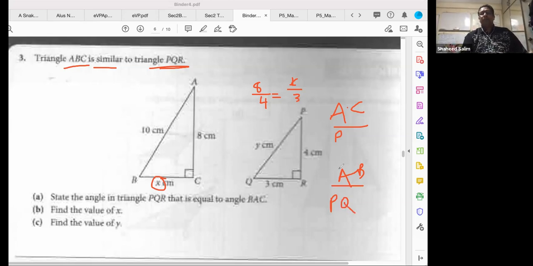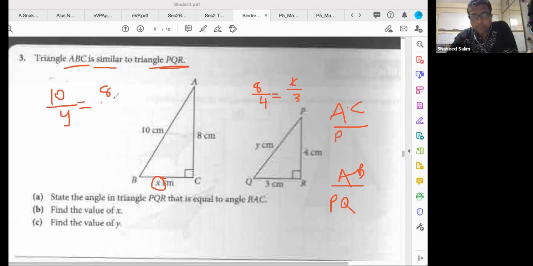So now I'm just teaching you the gist of it. This is the most important part. So AB is 10 over Y. This must get 2 also, because they tell you that this and this is the same, right? AB over PQ is equal to AC over PR, correct? And then it's equal to BC over QR.